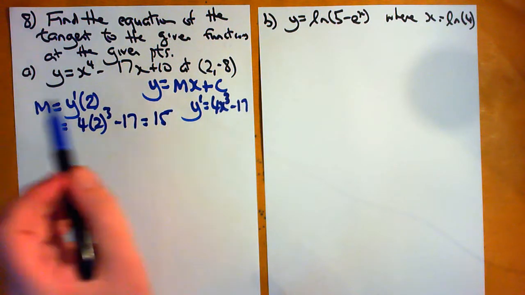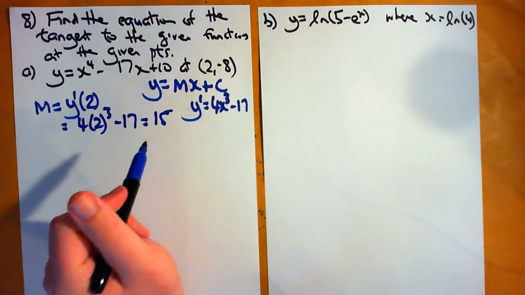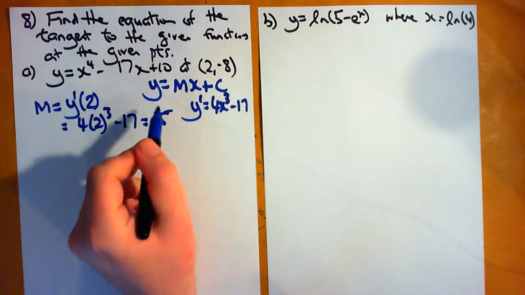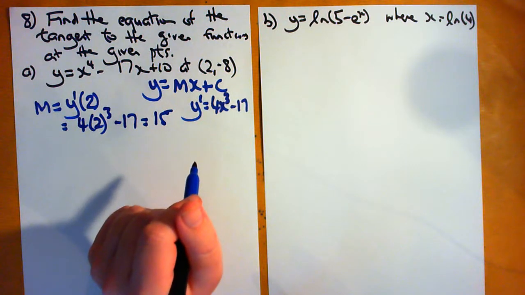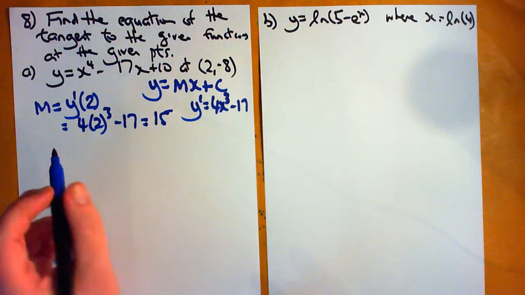We know that y is negative 8 when x equals 2. We know what m is, so we've got y, m and x. That means we've got enough information to substitute in to find c.